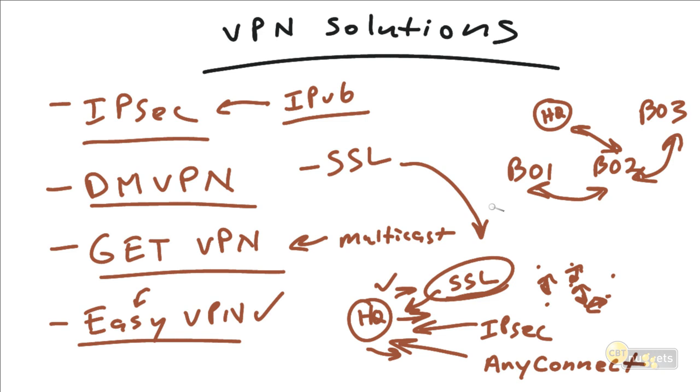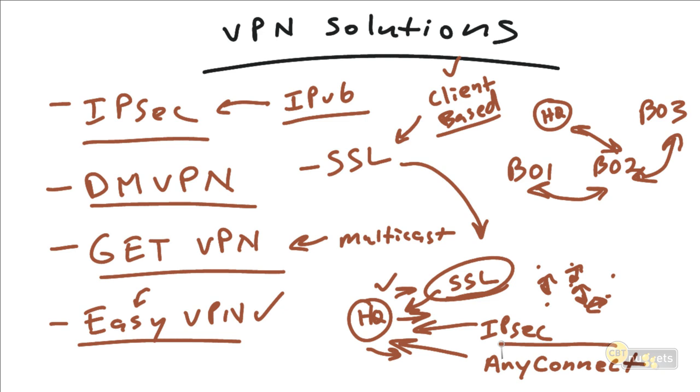In fact, if they get frustrated because their web browser can't get to all of the corporate resources they want, there's even a client-based SSL VPN. Now, this is pretty funny because you're kind of doing away with the whole beauty of it, and that is you didn't need any client software other than a web browser. But again, the idea is let's add some software on the client so they can get to more resources.